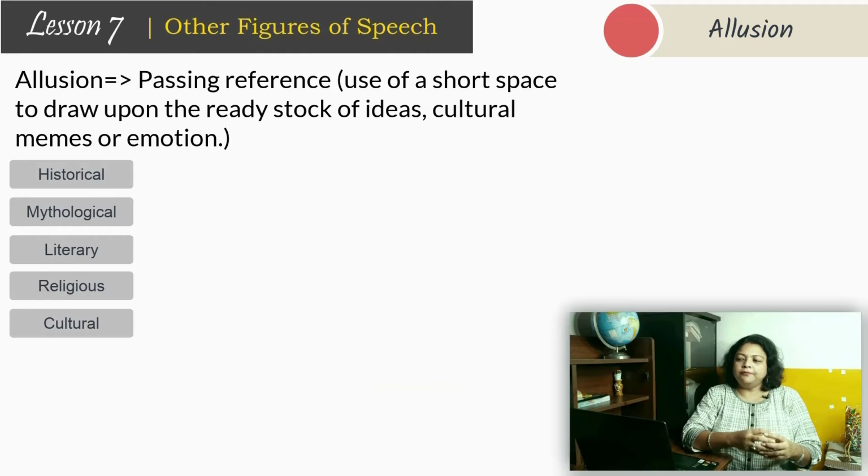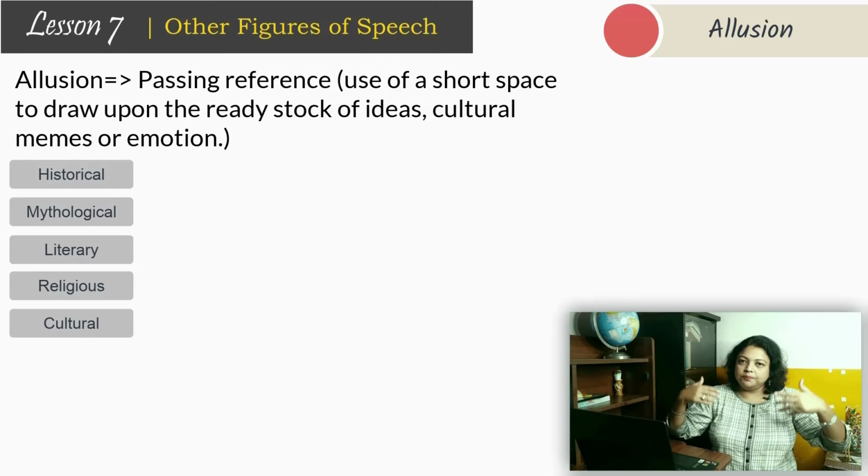Okay, so therefore you can say that allusion expands the horizon of a writing. It makes any work of art or any work of literature expand beyond its present connotation. So it goes beyond its present area, reaches out into the past, into the common bank of knowledge, you can say.